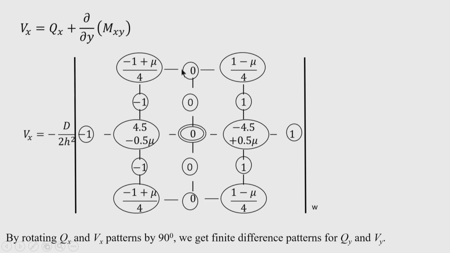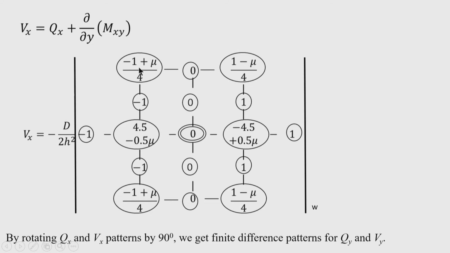Then in the vertical side along these edges, because it is the shear force along the edge where x is specified, along this direction at the central line you are getting 0 values, 0 coefficient.